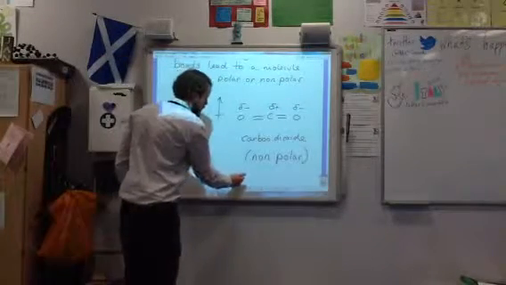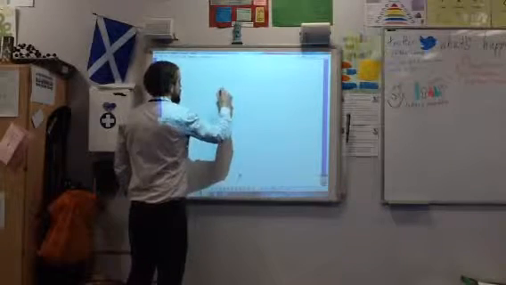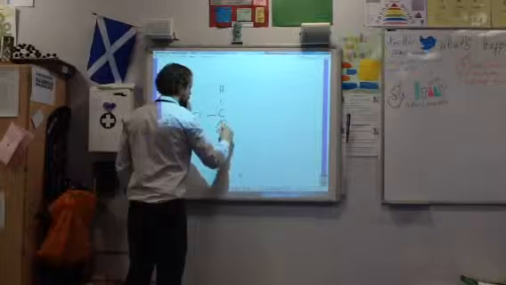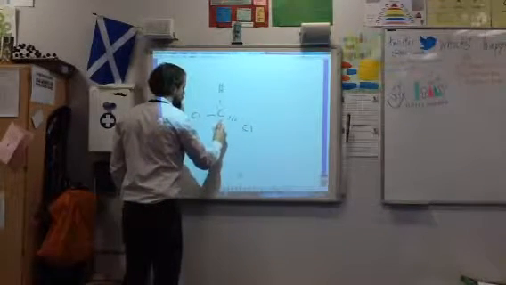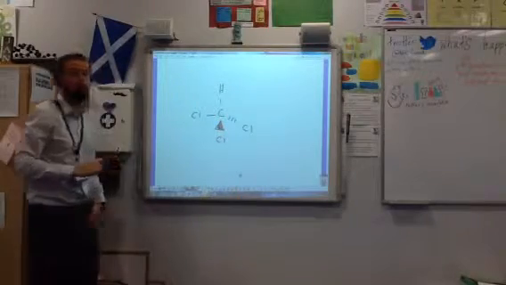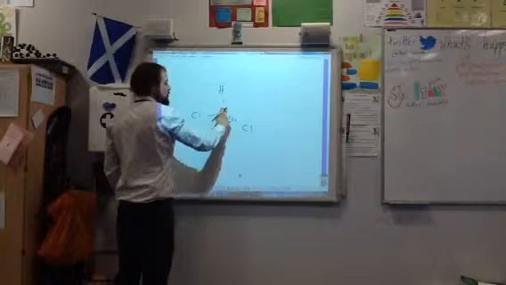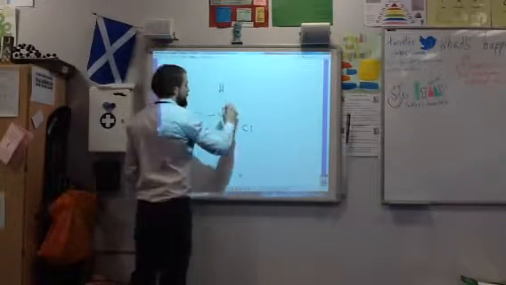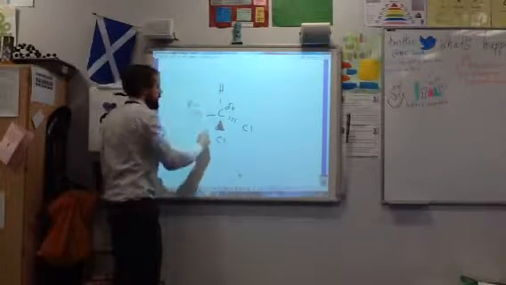One other common example of polar molecules, this one's used quite a lot, which is trichloromethane. Now, this is not a polar bond, so we can ignore it. That's delta positive because each of these are delta negative.